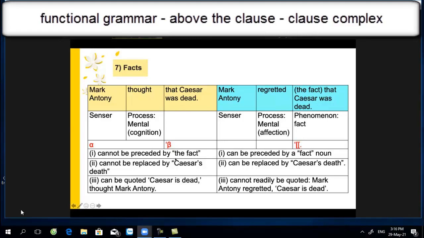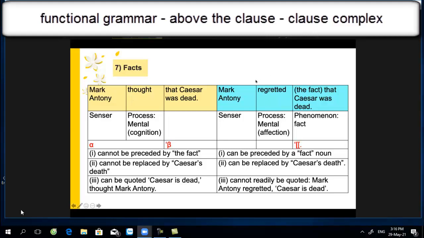Nobody says Mark Antony thought the fact that. Nobody says that, right? So this is not a fact. The second point, that Caesar was dead cannot be turned into a noun phrase like Caesar's death. Yeah, we cannot say that. And number 3, we can quote this one as Caesar is dead, thought Mark Antony. So obviously this one is not a fact.